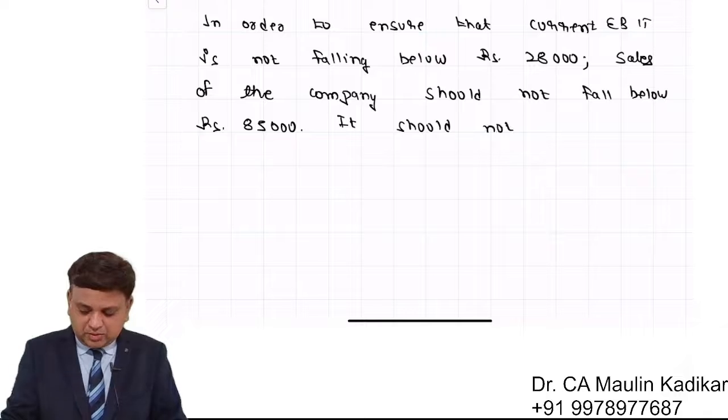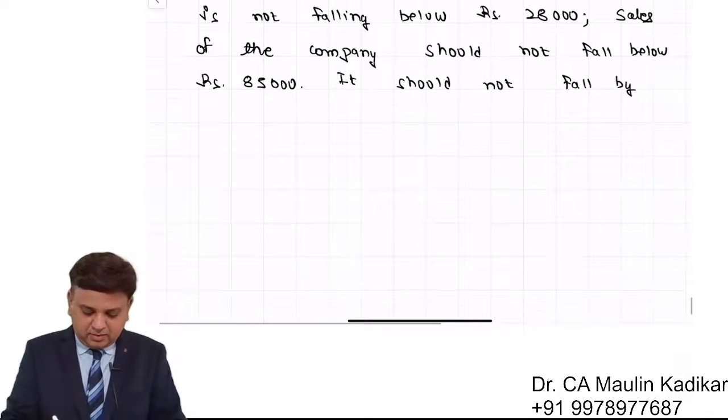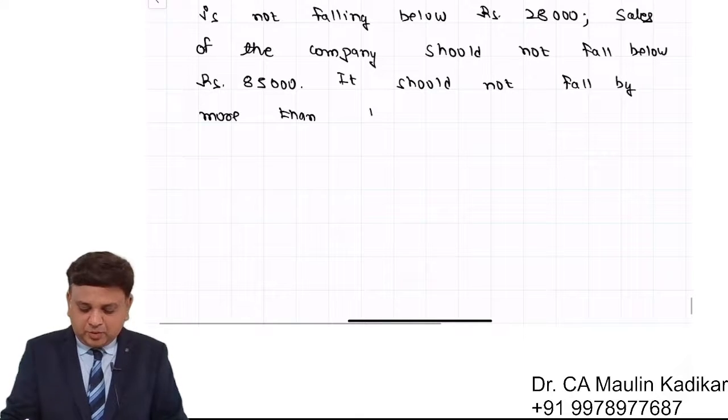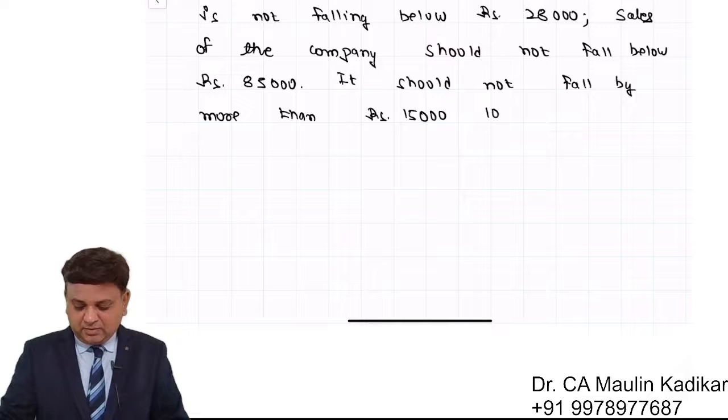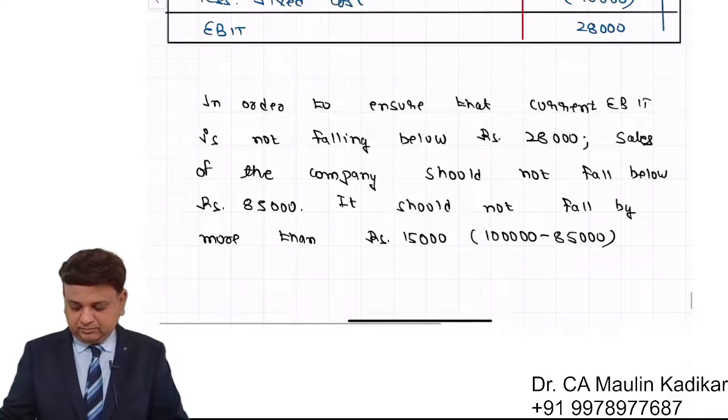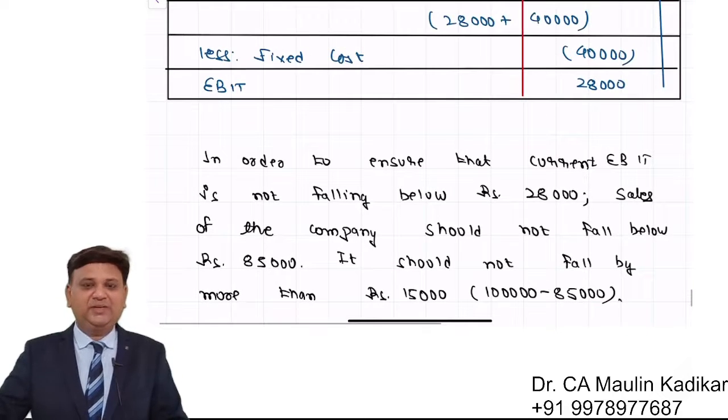It should not fall by more than rupees 15,000. How is this 15,000 calculated? It is 1 lakh minus 85,000. That is what we understand.